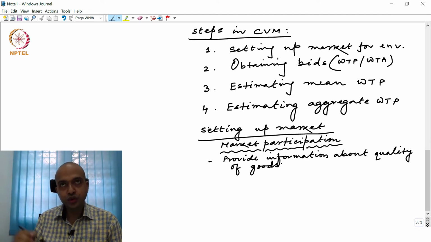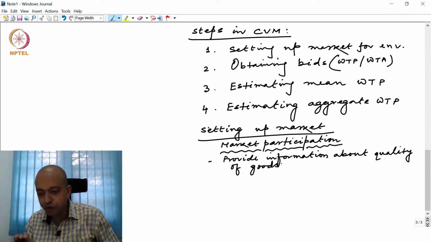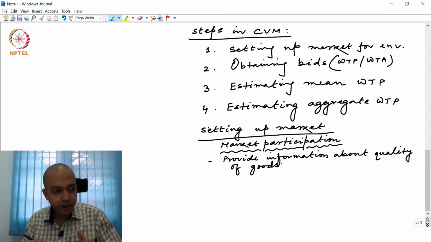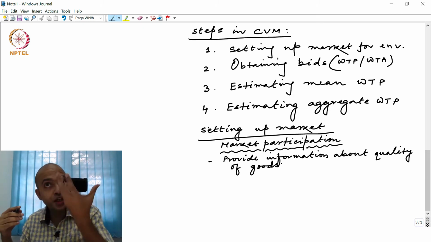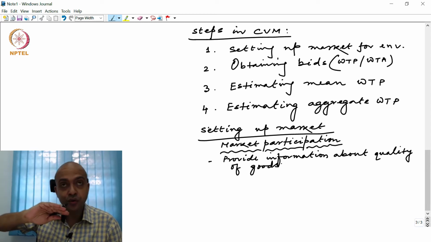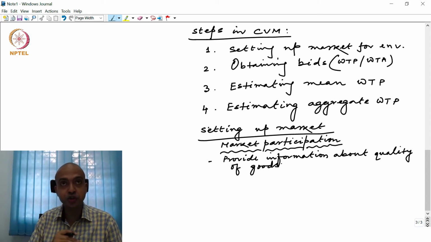That means we first describe the commodity, and then clearly explain in which direction the quality of the good is changing, whether there is a positive change or a negative change in the environmental quality, or environmental goods and services.